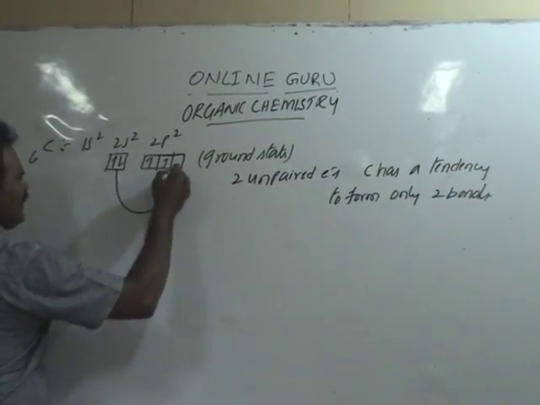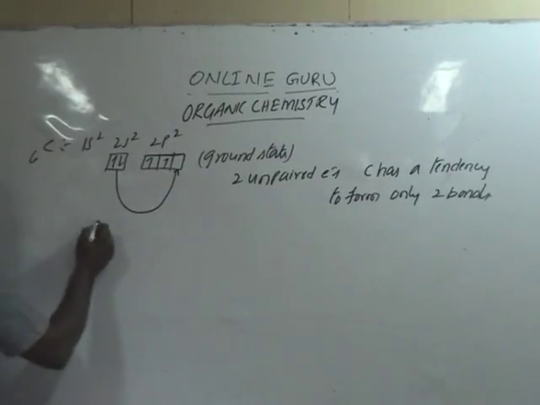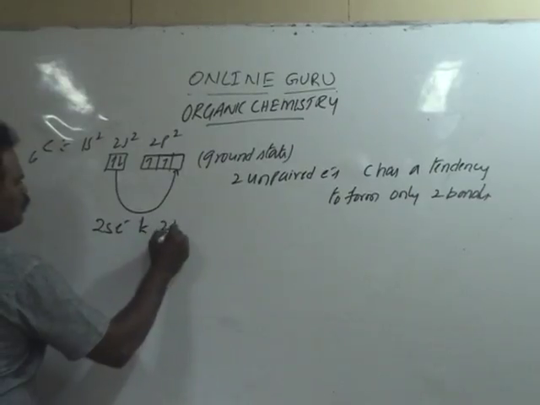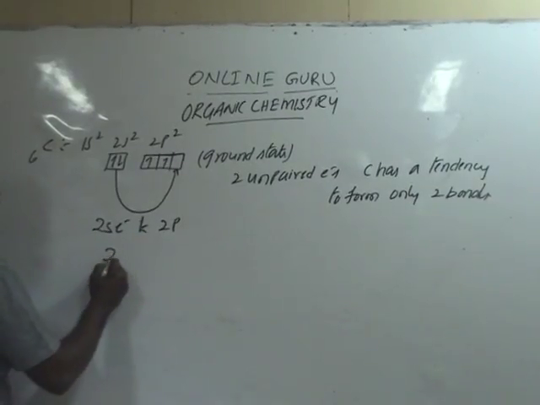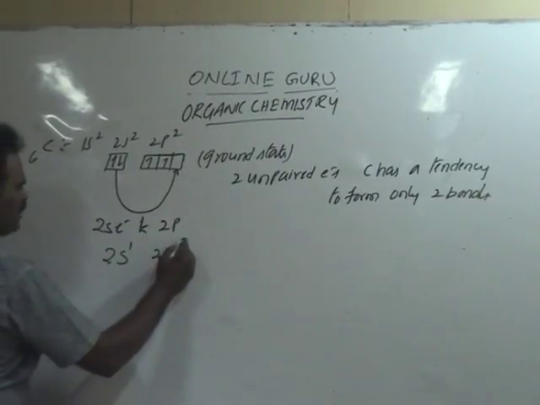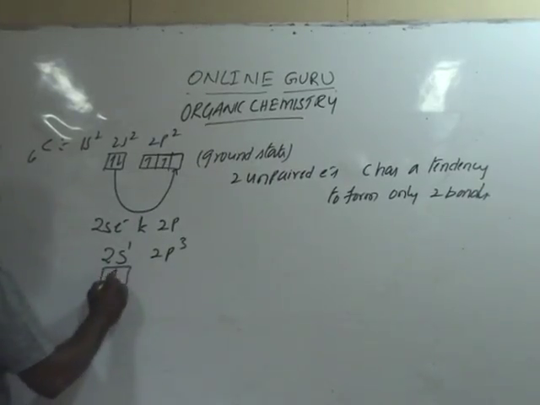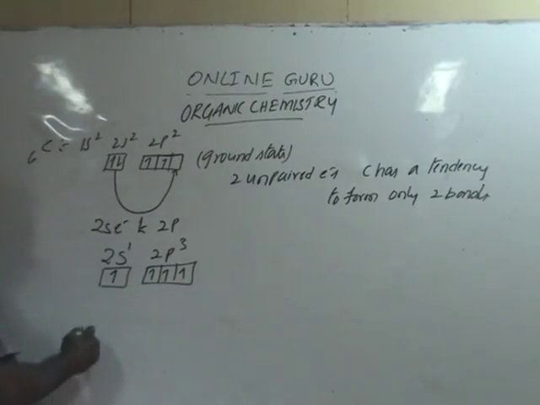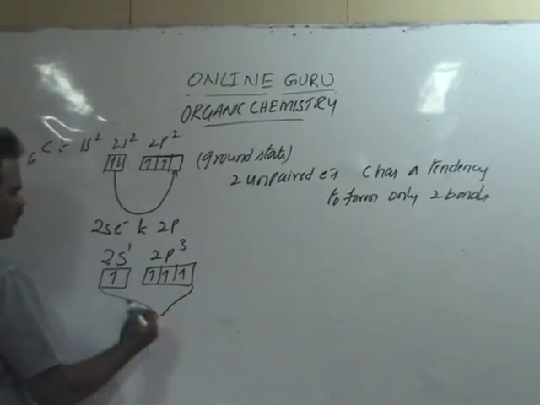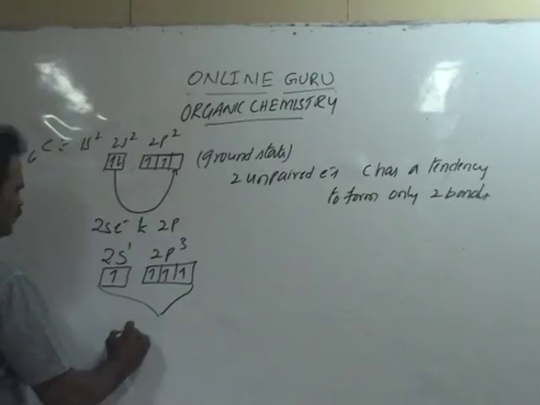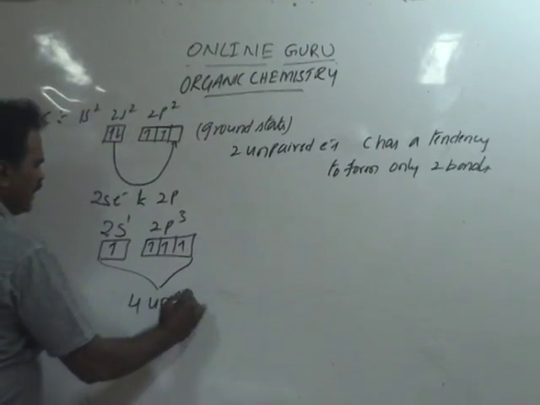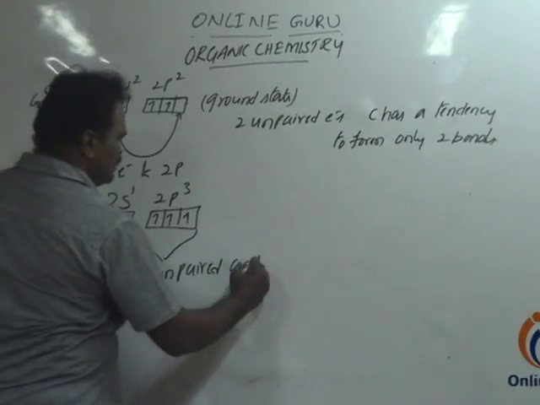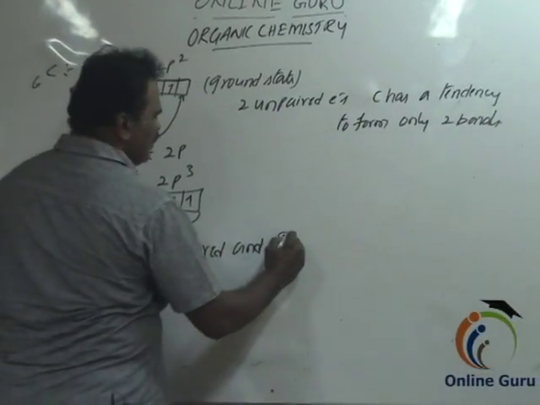So the 2s electron undergoes excitation to 2p. Its excited state configuration is 2s1, 2p3. 2s1 means unpaired, 2px1, 2py1, 2pz1. It has 4 unpaired electrons and possesses tetravalency.